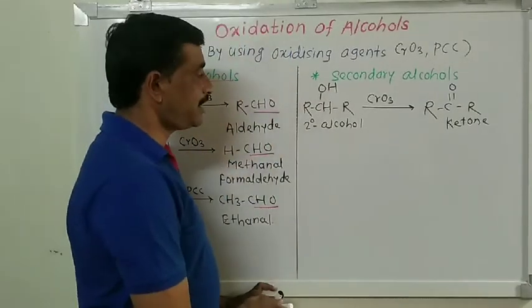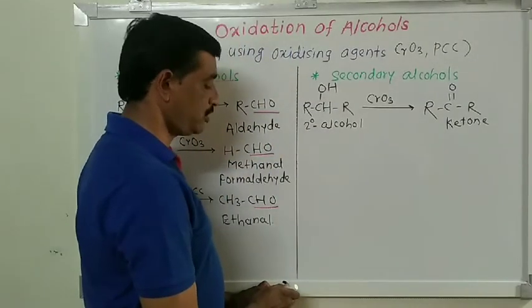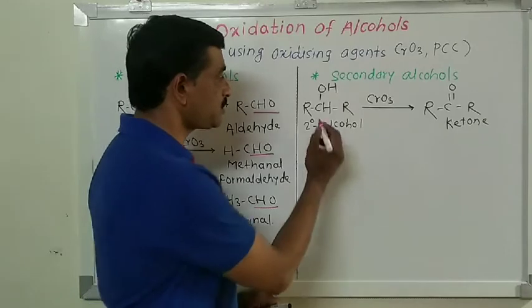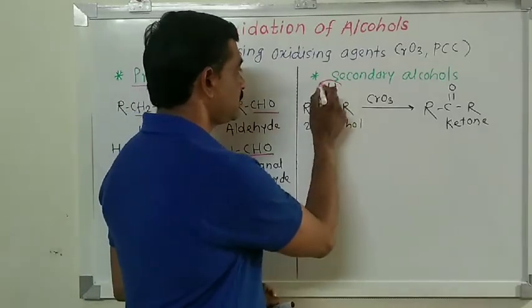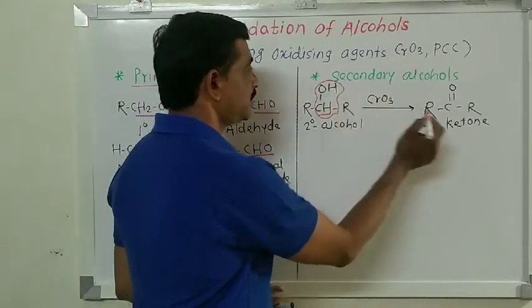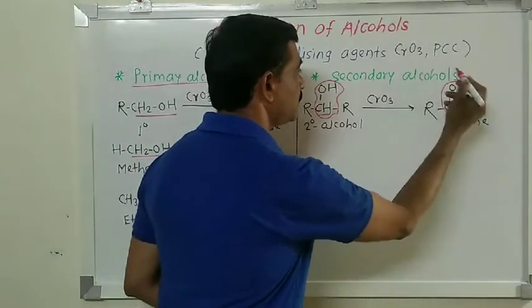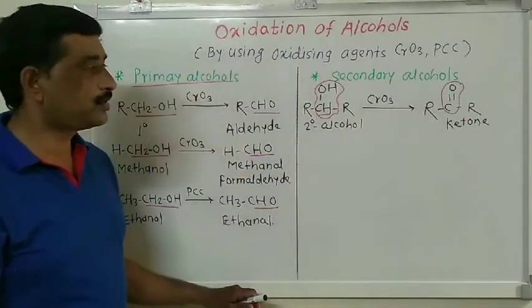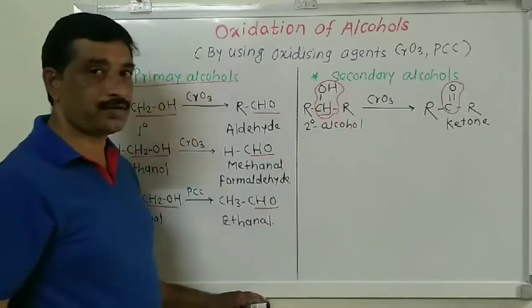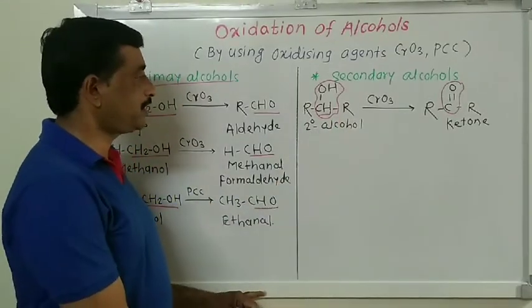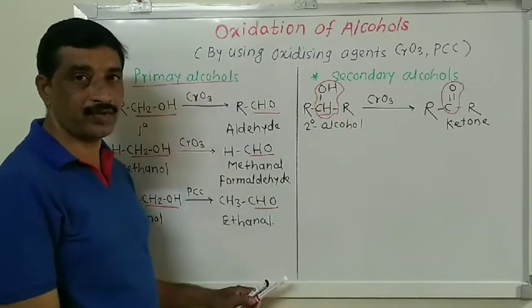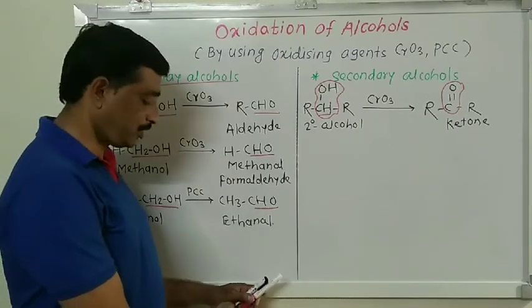So in this chemical reaction also, the secondary alcoholic group, that is the CHOH group, is now converted into the carbonyl group by loss of 2 hydrogen atoms. These hydrogen atoms combine with the oxygen and are converted into the water molecule.